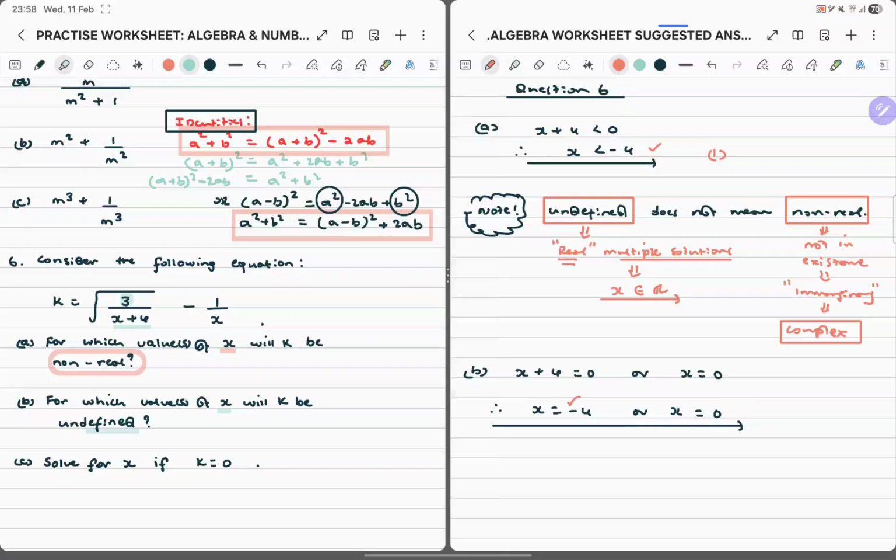And of course, I can give an extra mark for that, for understanding what is being asked. Because remember, undefined, anything that has a fraction, if the denominator is 0, that's when we say undefined. Meaning, lots of solutions can be considered instead of some specific ones, or one specific solution in that matter.